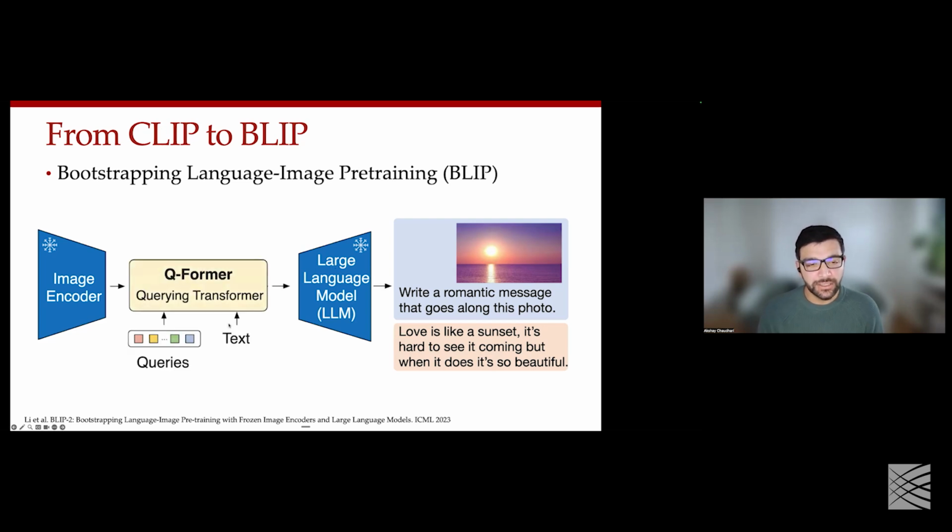What you're simply doing is training this little adapter, which the authors called the Q-former in the original BLIP paper. Now people just call this an adapter. We are training this end to end, where the image would be an input into the image encoder, your query would go into this adapter, and the large language model output would be the particular answer that you want this model to solve.